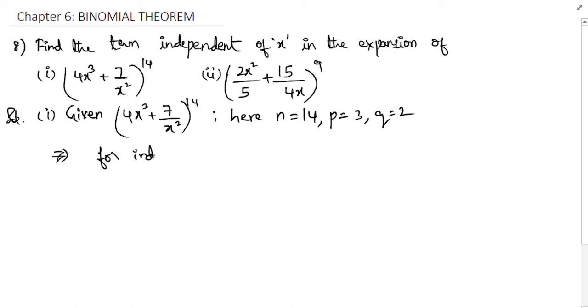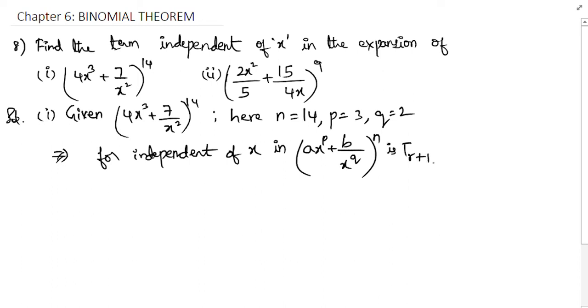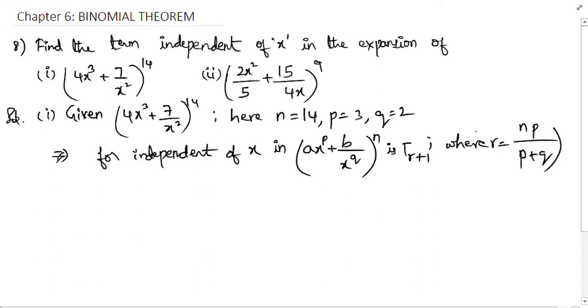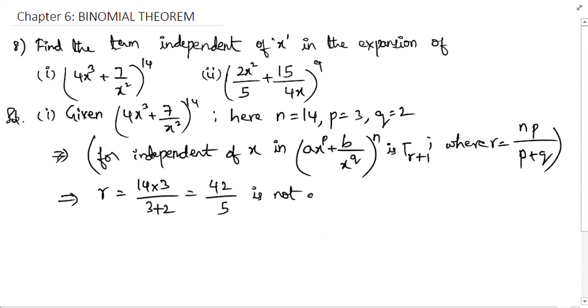For the term independent of x in (a x^p + b/x^q)^n, it is T(r+1) where r is equal to np/(p+q). So here r will be equal to 14 into 3 divided by (3+2), that will be equal to 42/5, which is not an integer.